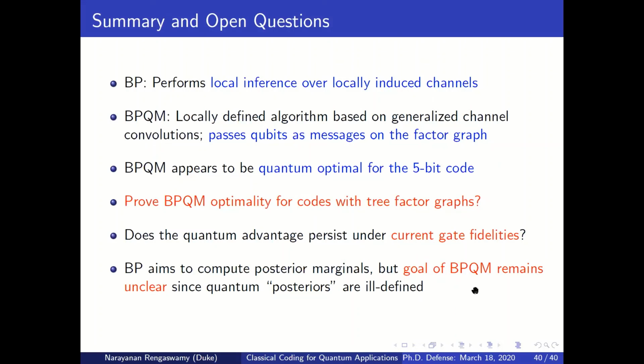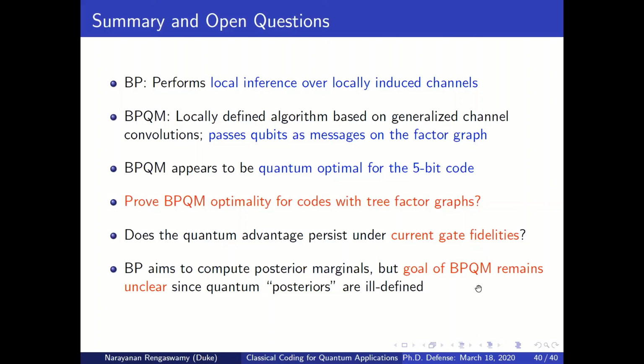Finally, the funny thing here is that BP is motivated by bitwise maximum a posteriori decoding, so it's bitwise MAP on tree factor graphs. But the goal of this quantum algorithm, belief propagation with quantum messages, is actually not clear, because in the quantum case, a posterior is not very well defined.